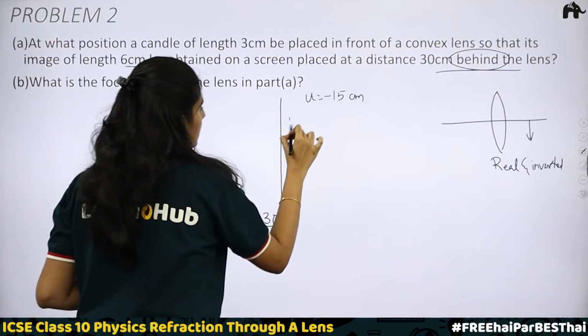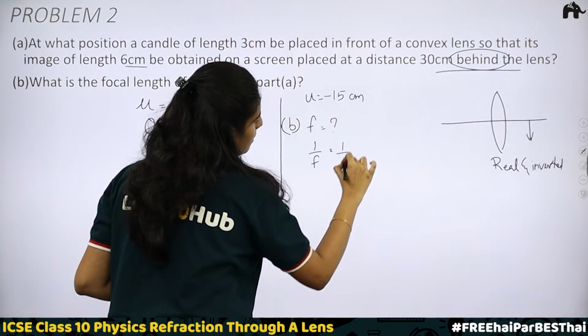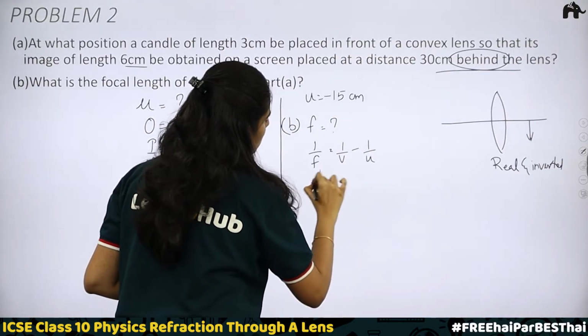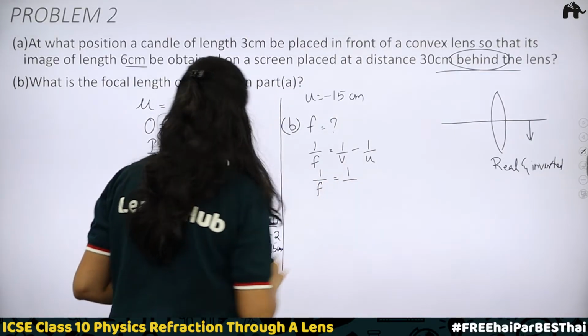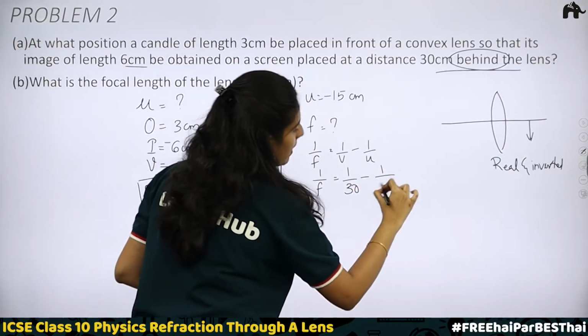Next, we have to find focal length. We have 1 by f is equal to 1 by v minus 1 by u. Put the values. 1 by f is equal to 1 by v, V is 30 centimeter, minus 1 by u. U is minus 15.